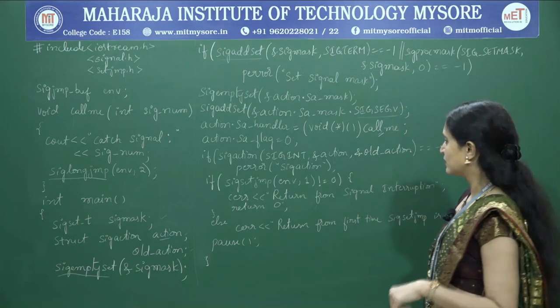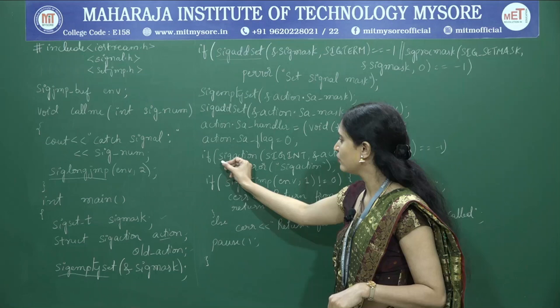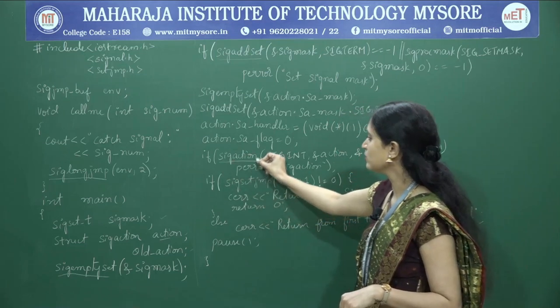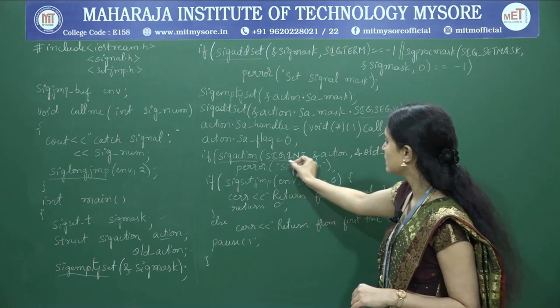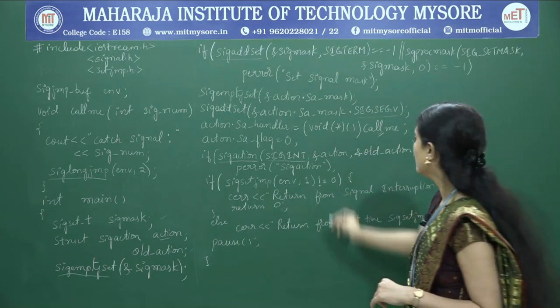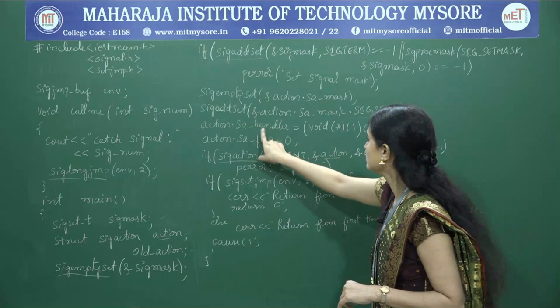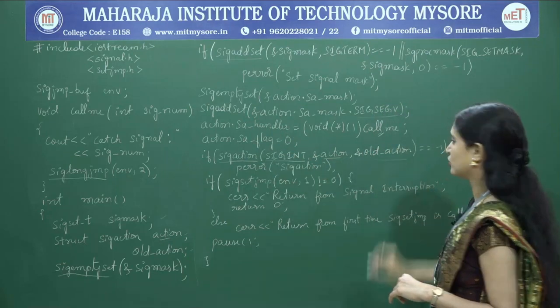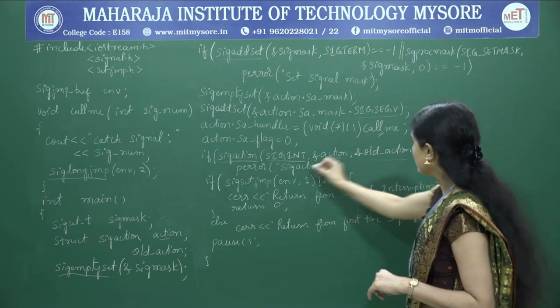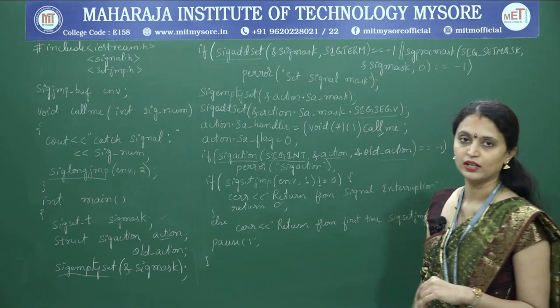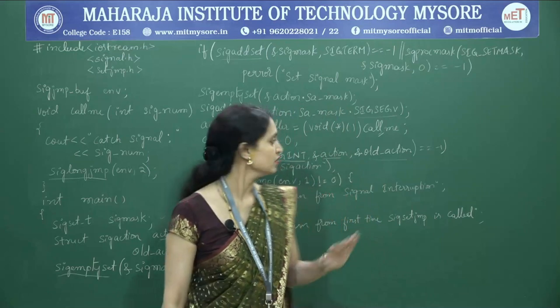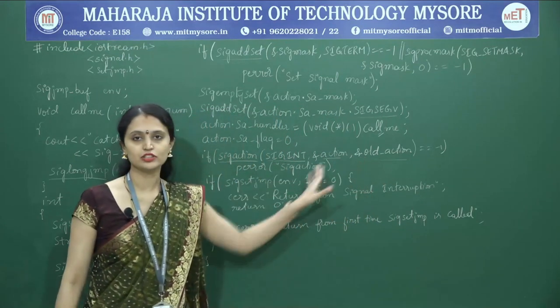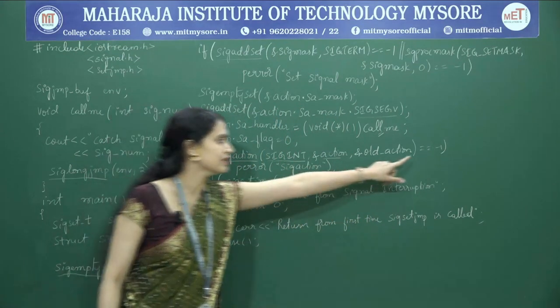Next, we are calling the sigaction function, and we are passing the argument SIGINT, that is the signal number, then the action, and then the old action, and we are checking whether it is equal to -1. If there is any error, this function returns -1.